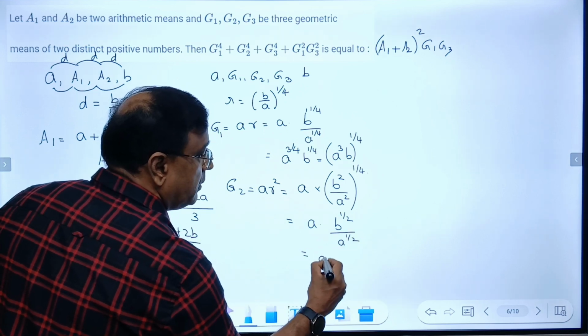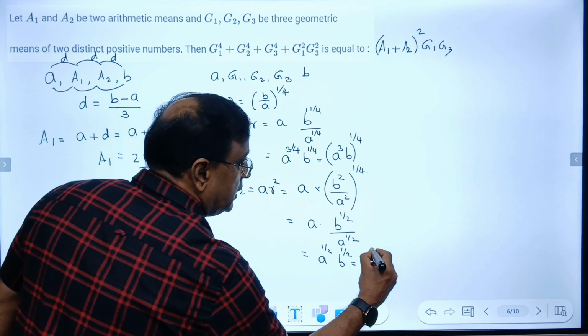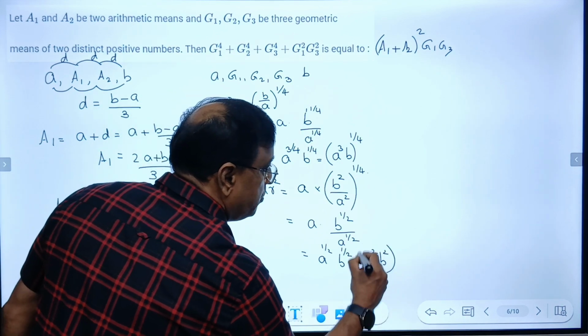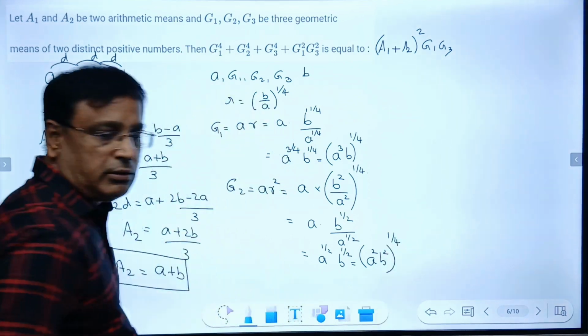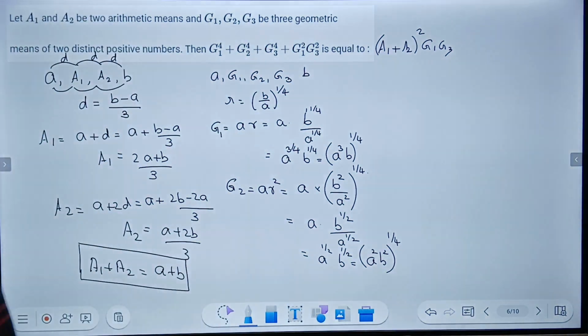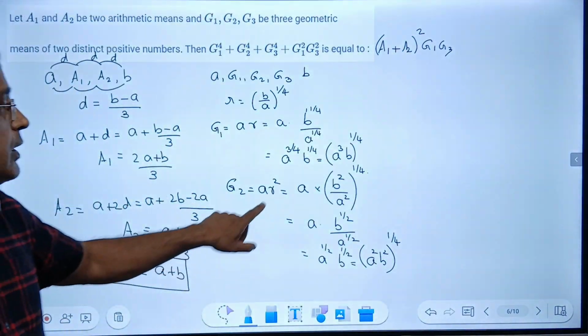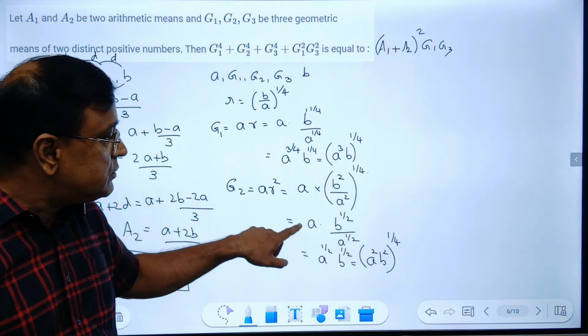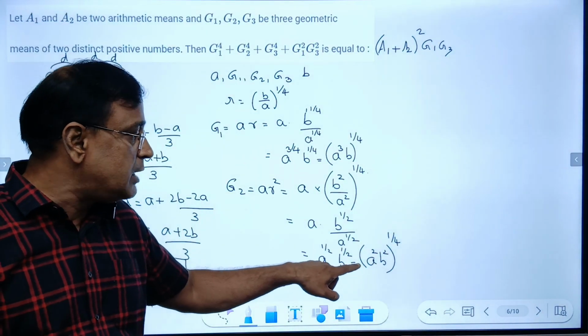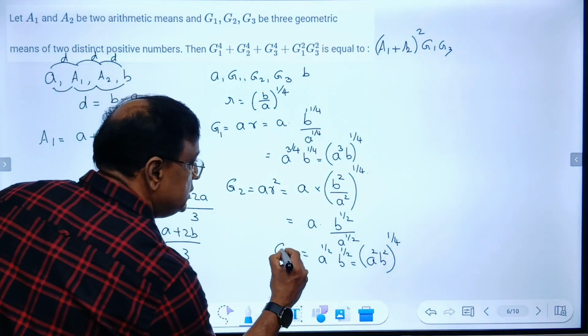So this is a power 1 by 2, b power 1 by 2, which is same as (a square b square) whole power 1 by 4. I want to write everything in terms of power 1 by 4. So again I am repeating, g2 is ar square. So I get a power half, b power half, which can be written as (a square b square) whole power 1 by 4. So this is my g2.